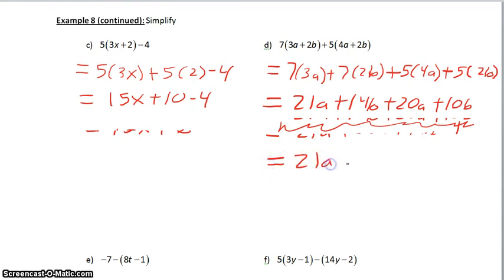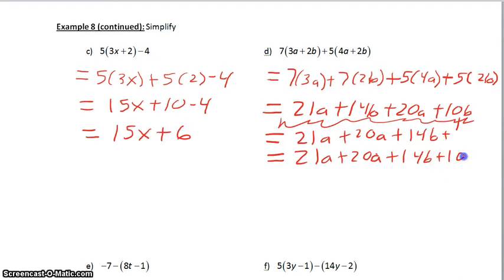We had 21a plus 20a, and we will have 14b plus 10b. Now for some reason it came back, but let's scratch that out of here.